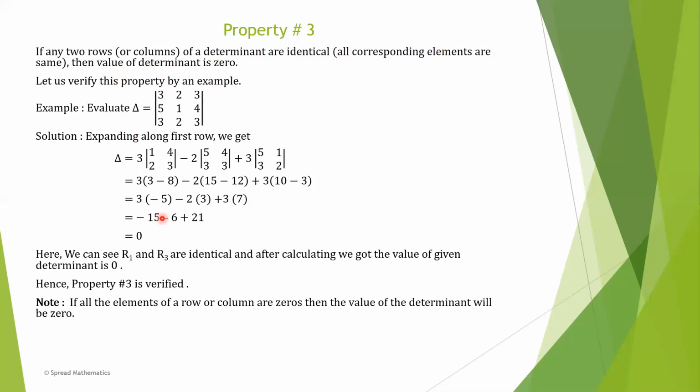After calculating, we get 0. Now you can see R1 and R3 are identical. So property number 3 is verified. Now you should remember this also: if all the elements of a row or column are zeros, then the value of the determinant will be 0.